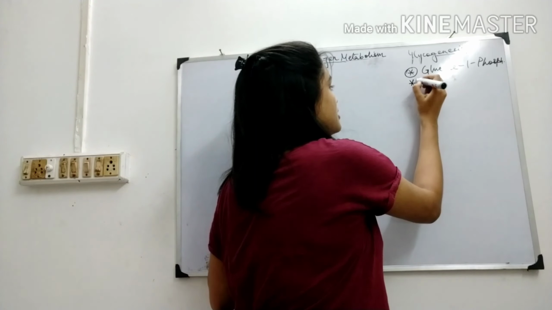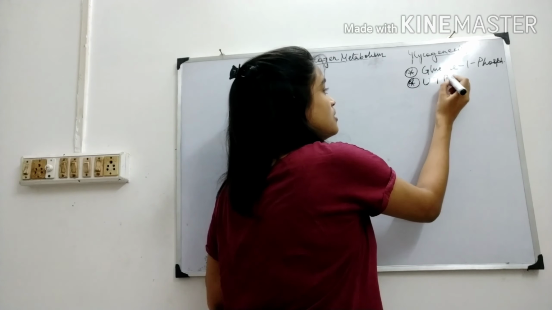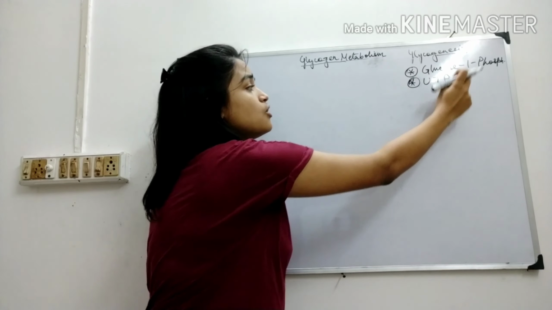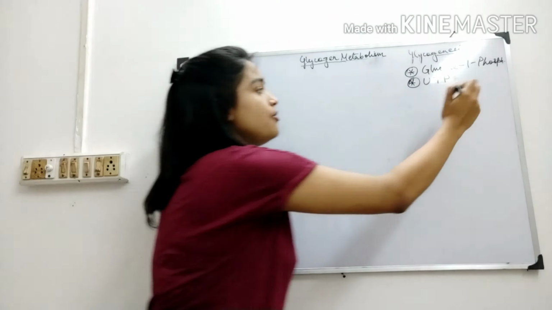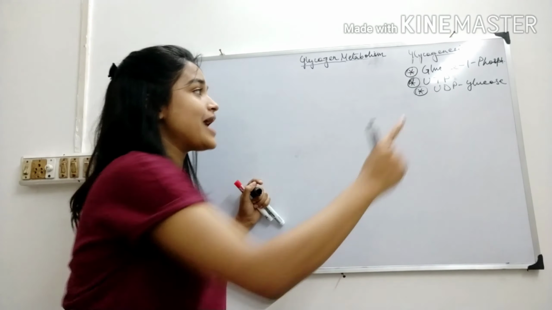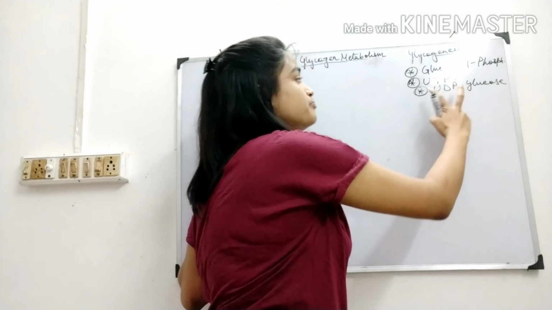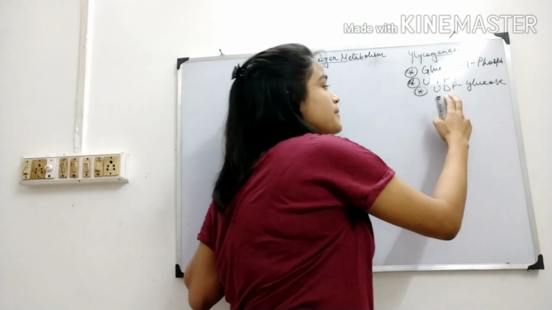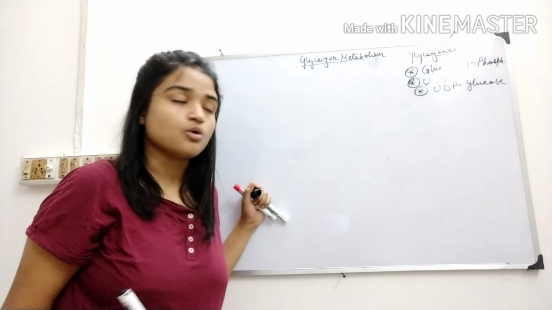Next we required UTP. This UTP, that is uridine triphosphate, and glucose 1-phosphate combined together forming UDP glucose.